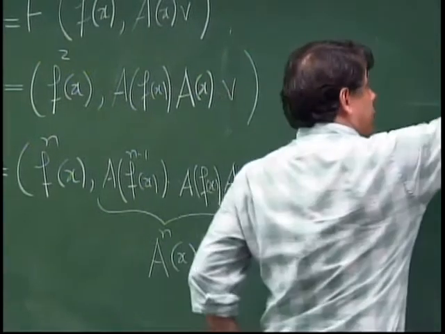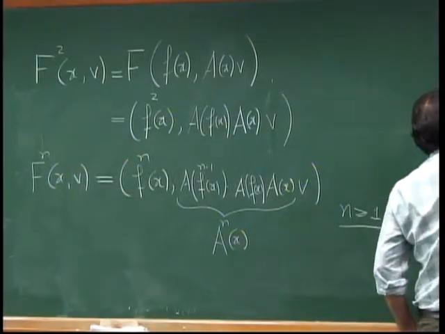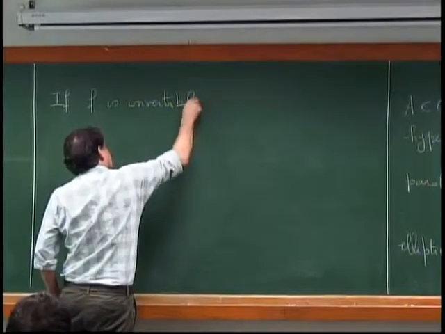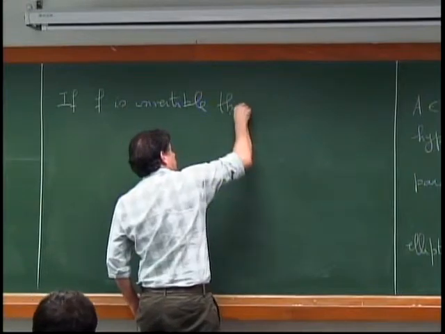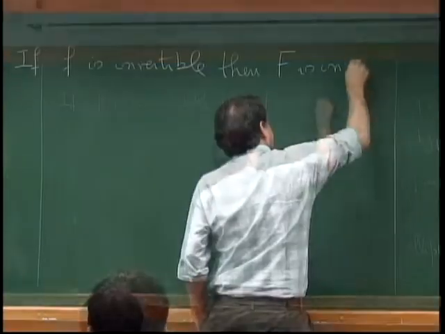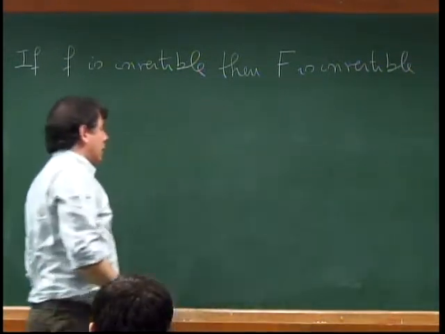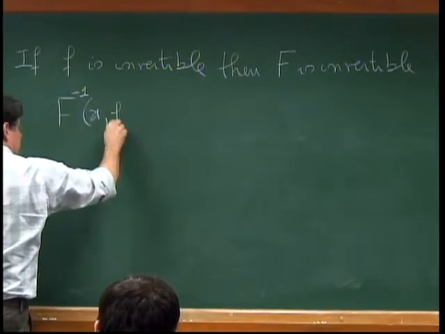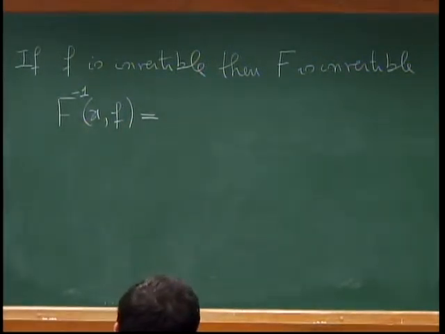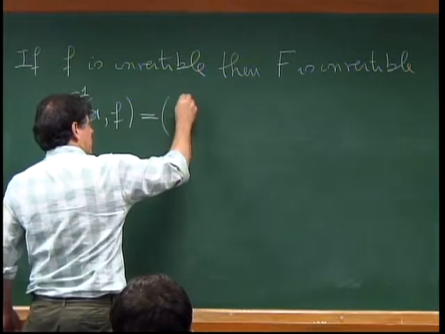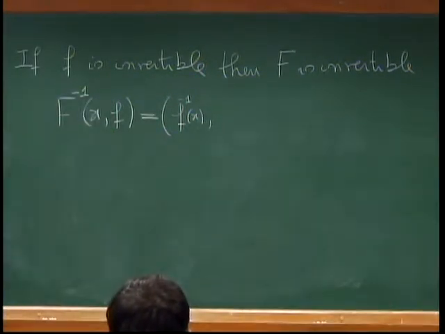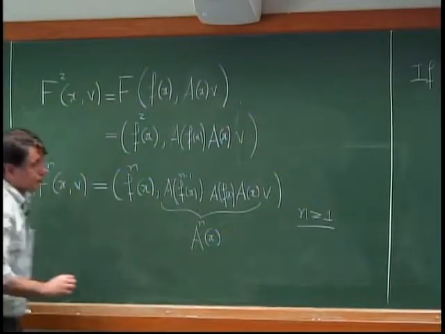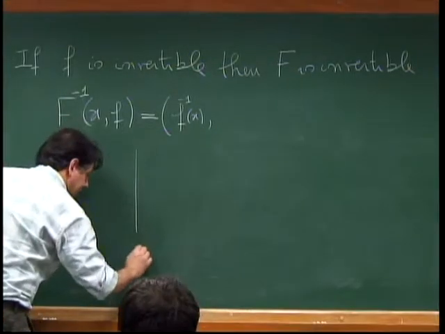Now, if f is invertible, then capital F is also invertible. It's just a matter of checking that F^(-1) of (x, v) is f^(-1) of x, and then one has to think a little bit. Maybe it's useful if I draw a picture. You have x, this is R^d.